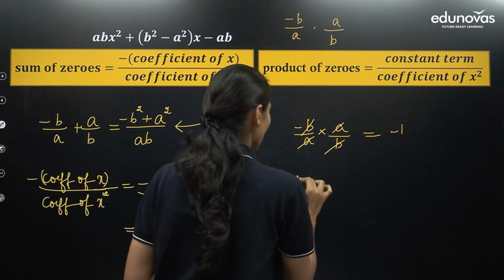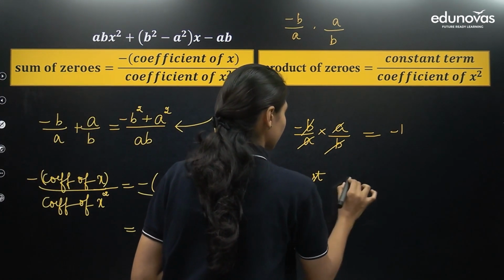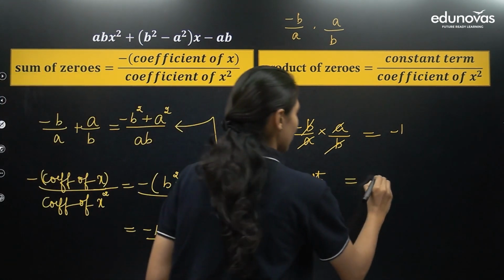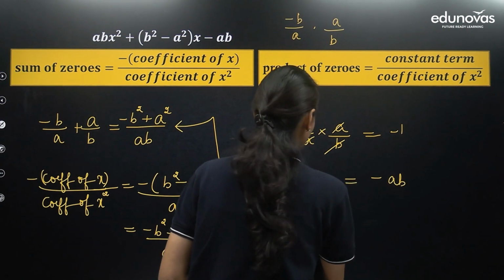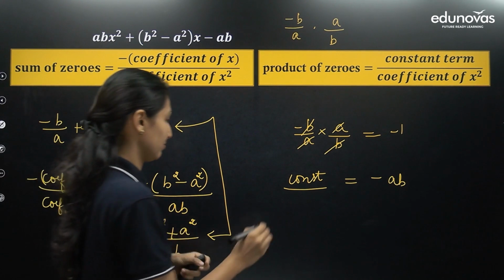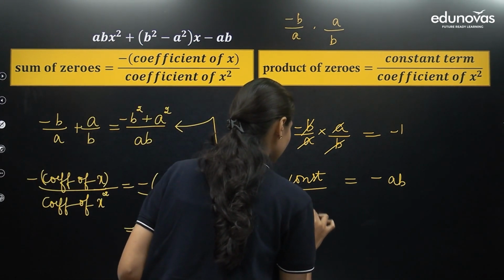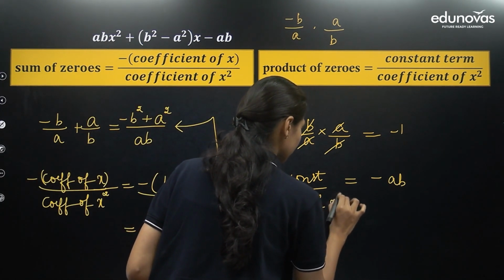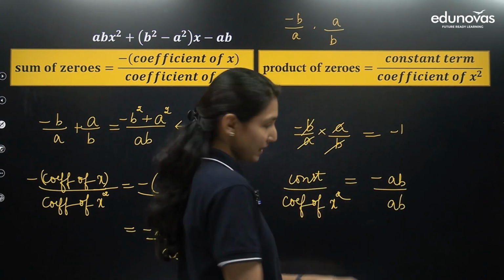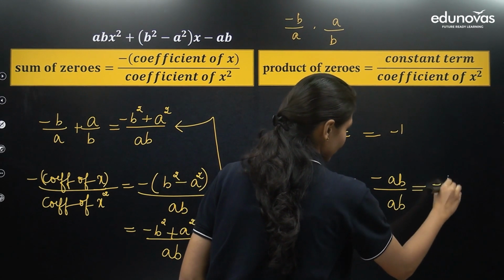Now, what is the constant term? It is minus ab. And what is the coefficient of x square? It is also ab. On cancelling ab, we get minus 1.